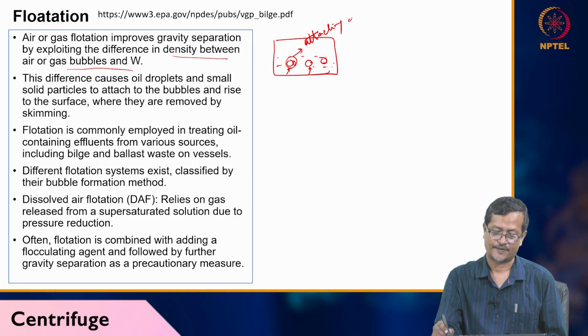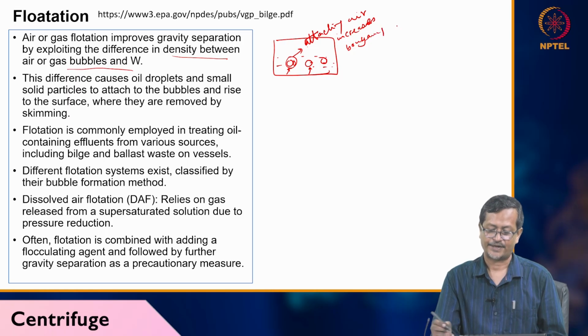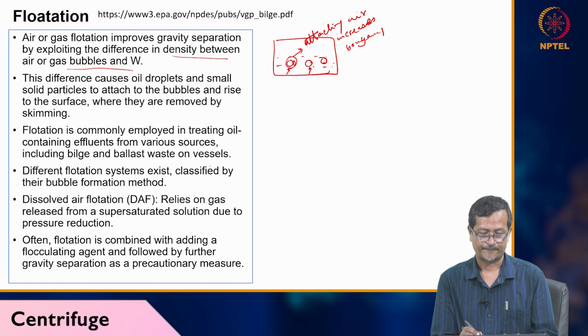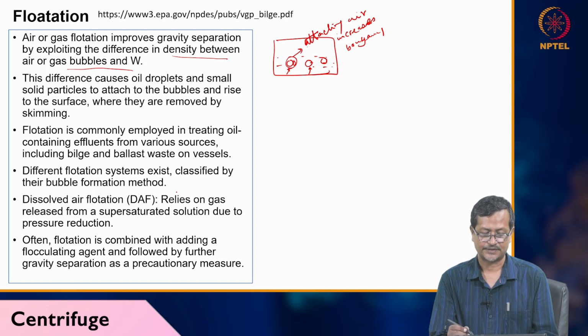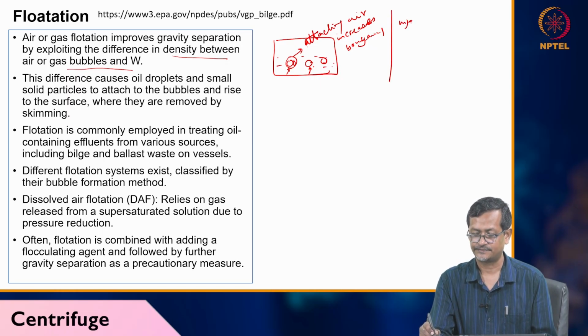Attaching air increases buoyancy. Increased buoyancy means the particles will move at a faster rate to the surface. So bubbles collide with and attach to oil, increasing the rise rate. Injecting bubbles in a mixture, what will happen?